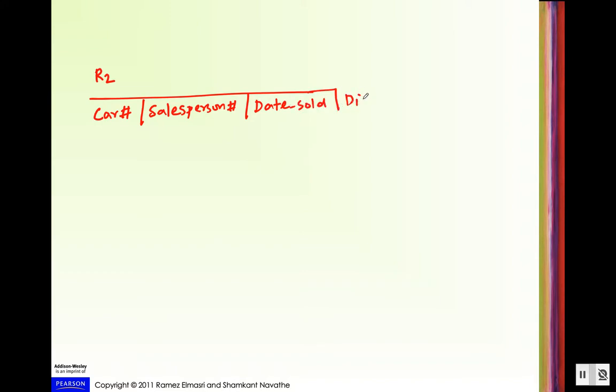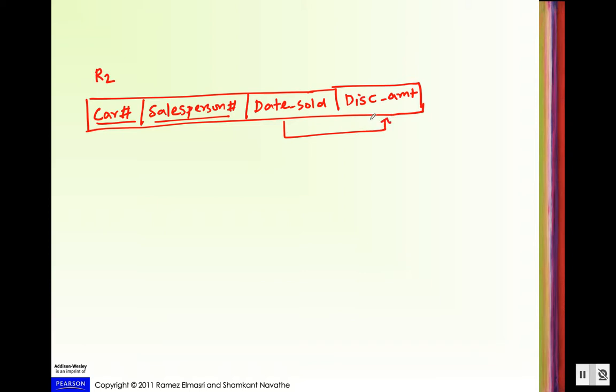So R2 here looks like that. I have car number, and so on. Here is the dependency that is causing the third normal form violation, so I have to take care of that.